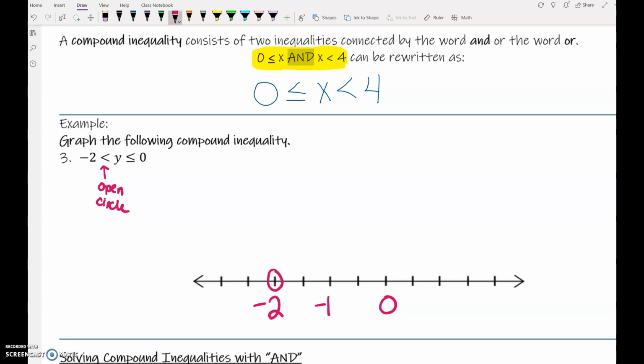So at -2, we have an open circle. Between y and 0, it's less than or equal to, that one is going to be a closed circle. And then notice that y is in between them. y needs to be bigger than -2 and at the same time smaller than 0. So the stuff in between the smaller number and the bigger number, that's where you shade.